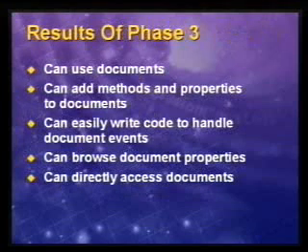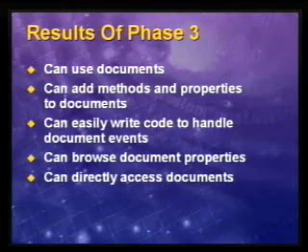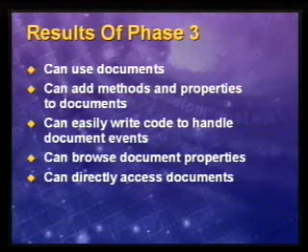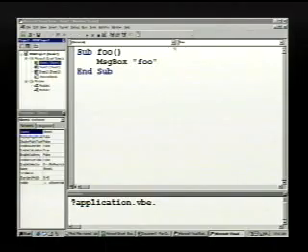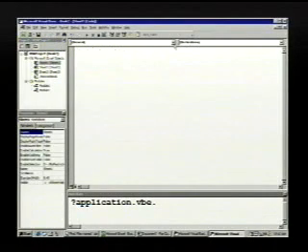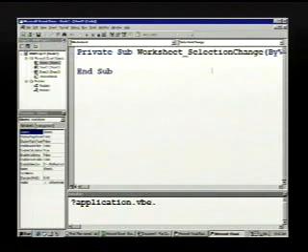So after phase 3, your user can use documents. They can add methods and properties to them. They can easily write code to handle the events. One of the big advantages to actually adding documents to your project is, I'm going to show you. In a sheet, for example, I'll bring up the code module for a sheet, and I'll click here.